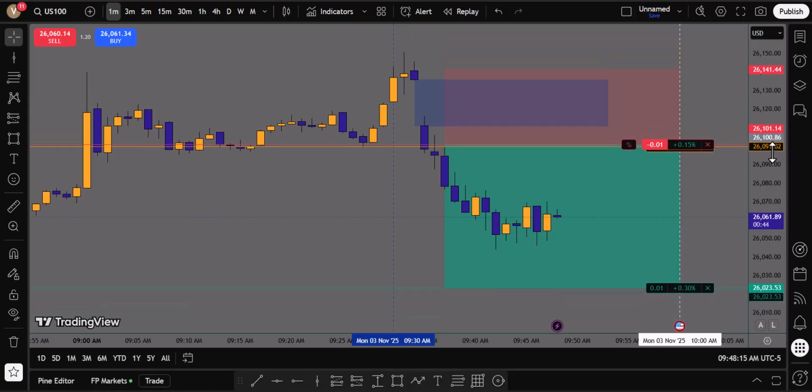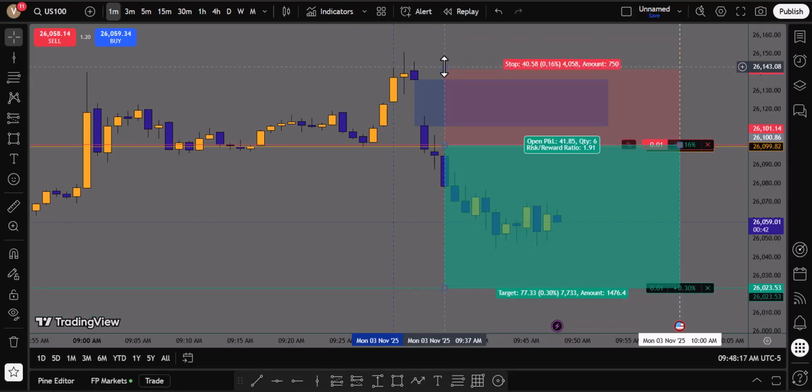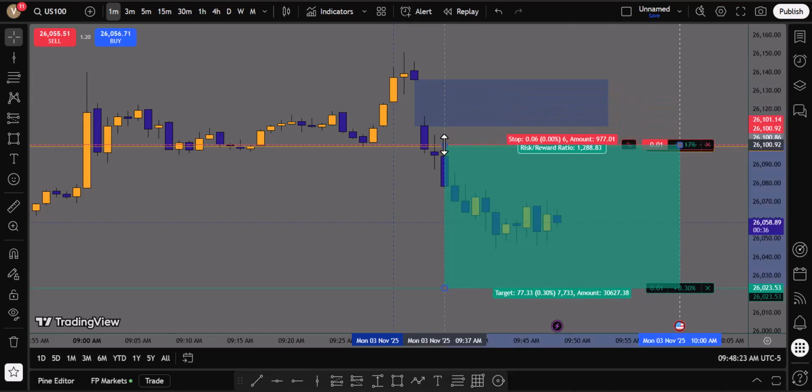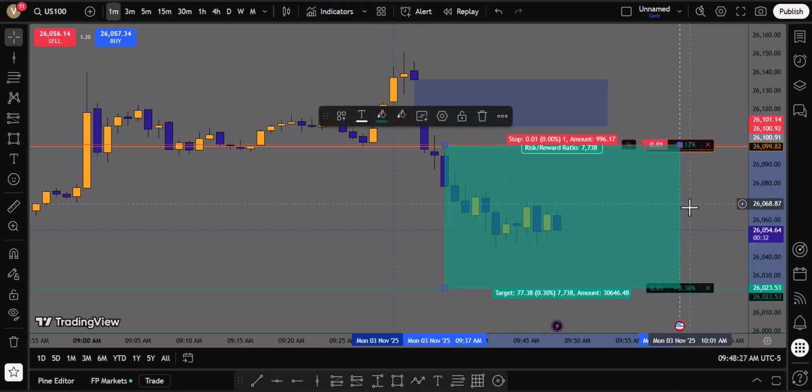So at this point, this is the ideal place to keep your stop loss. But remember, I trailed down this way, so right now it's more like I'm here. I'm risking nothing.